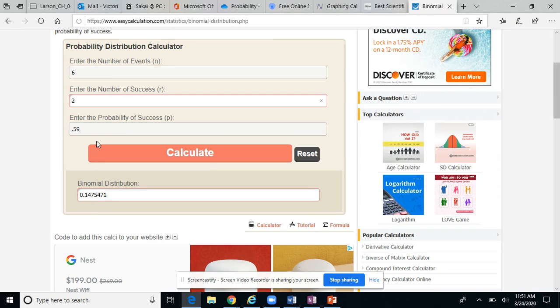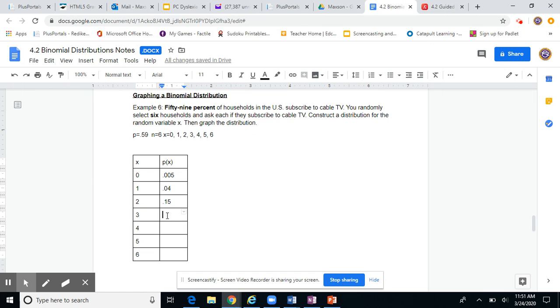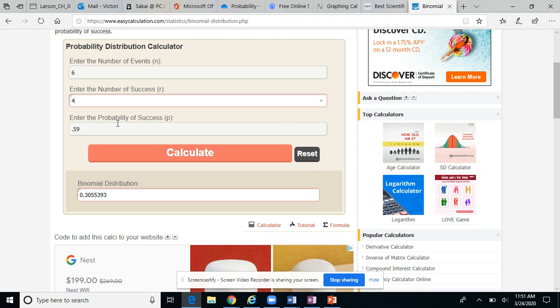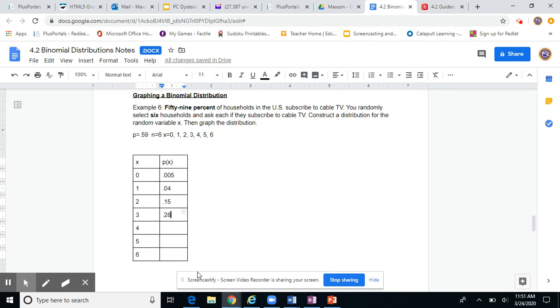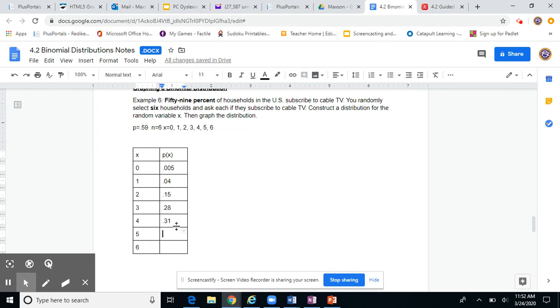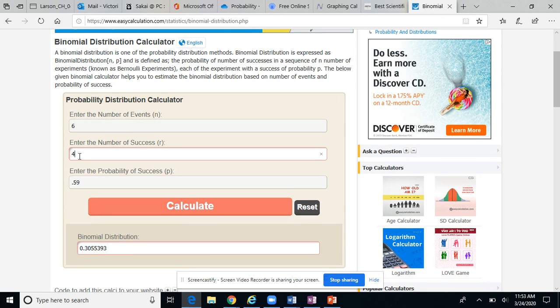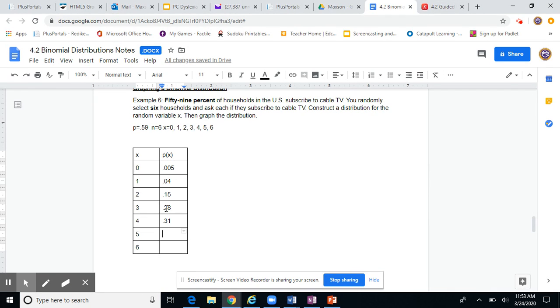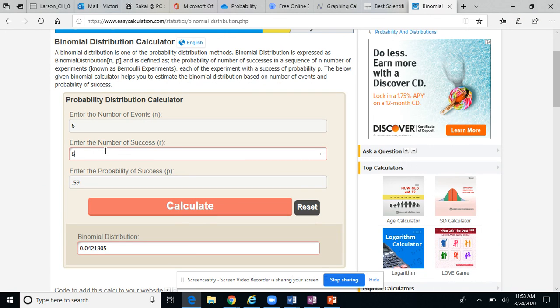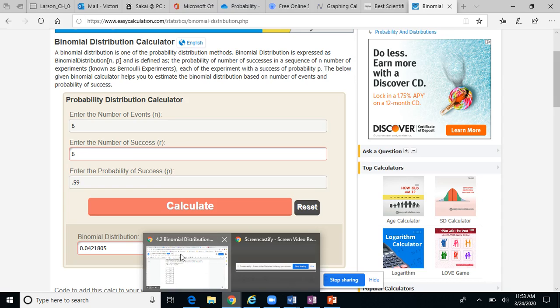For 3, we get 0.28. For 4, we get 0.305, so 0.31. For 5, we have 0.175, so 0.18. And for 6, we get 0.042.